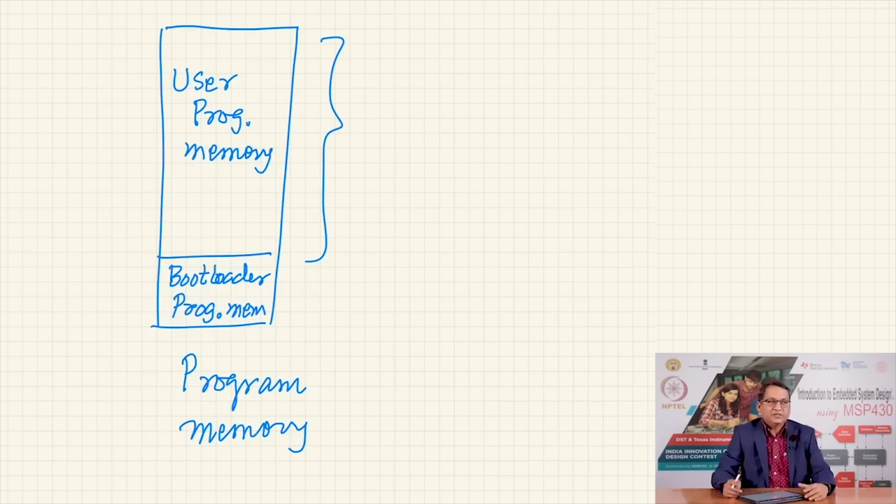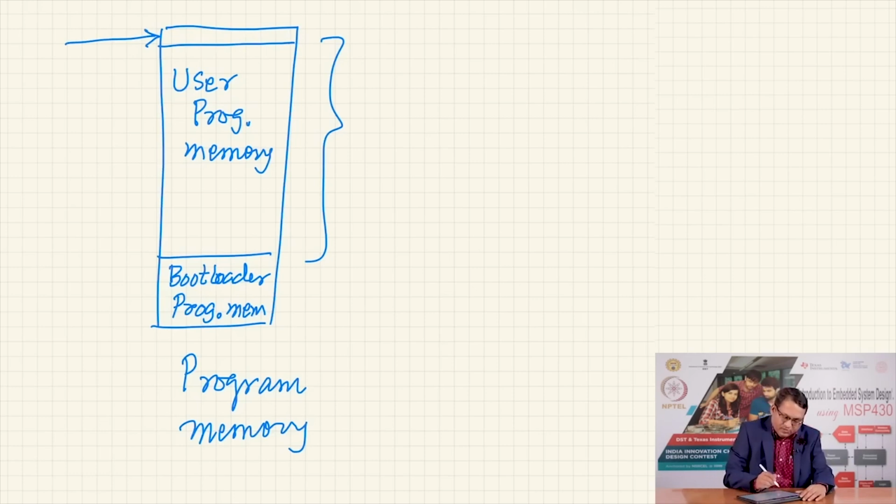And when you reset the system, it would normally go into the first location of the user program memory, but if the bootloader has been enabled, the program counter will start executing the bootloader.